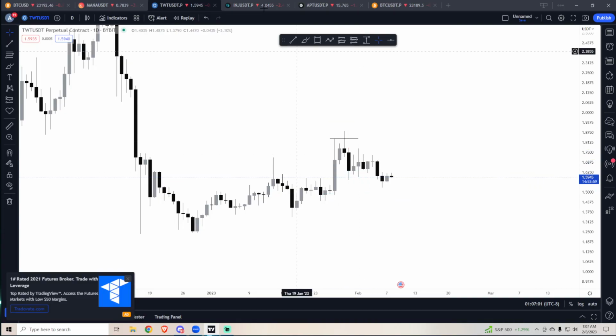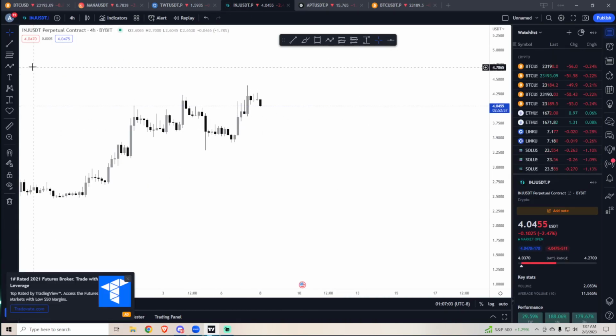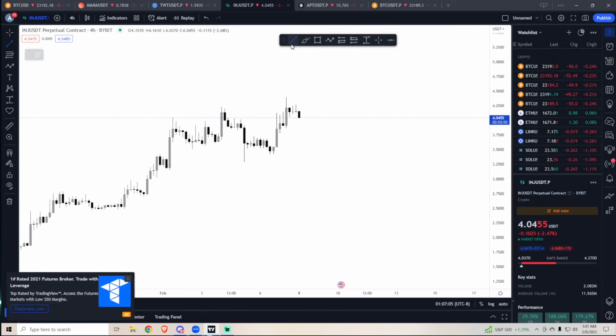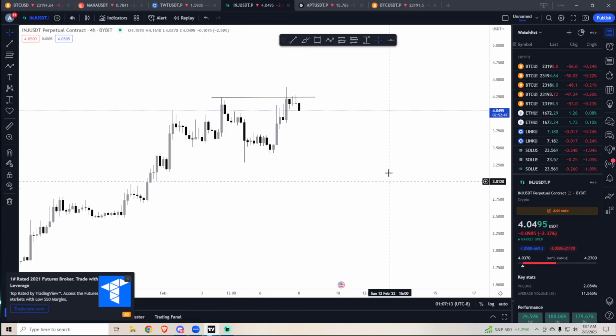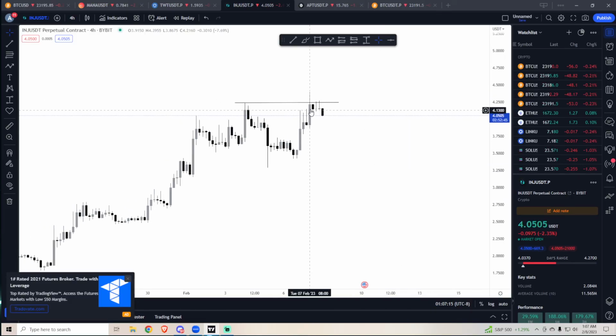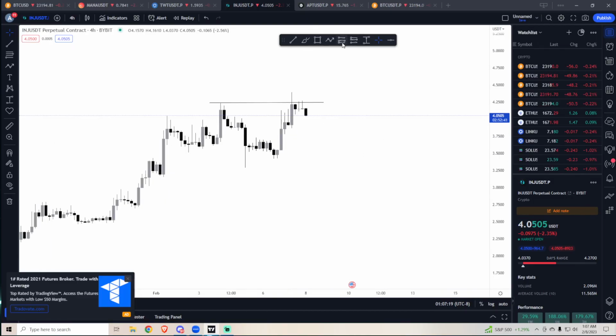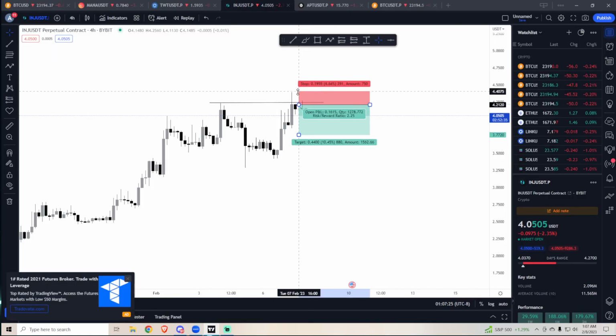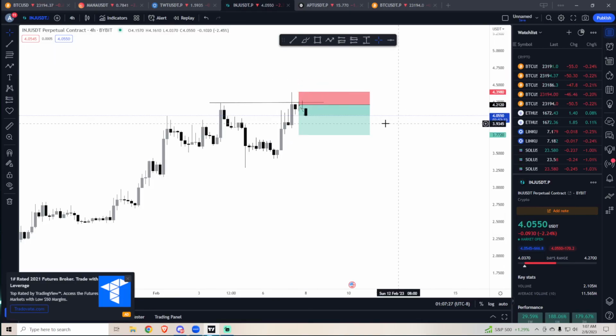If we were taking a look at, for example, Injective, right here was your swing high. This candle went up, took the liquidity, closed below. Now here is that retest that I was talking about, right? If you had opened up a short here, you place your stop loss above there.